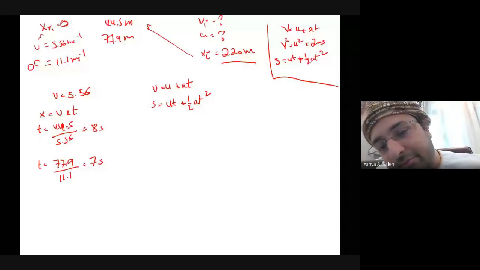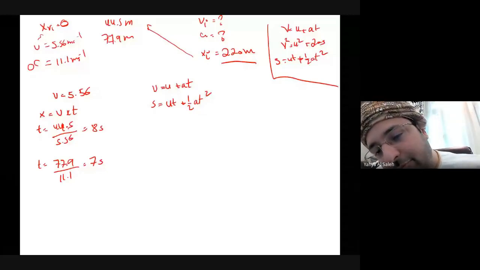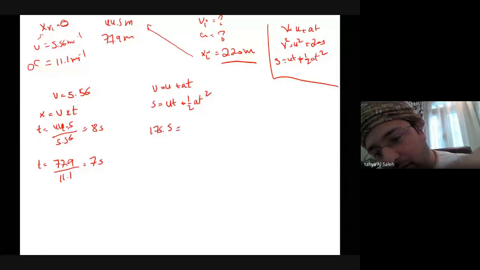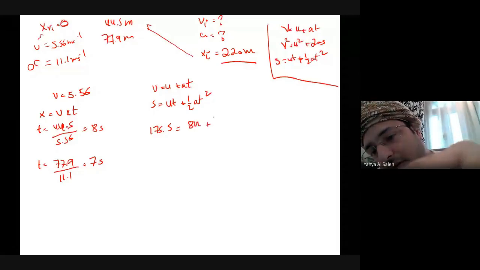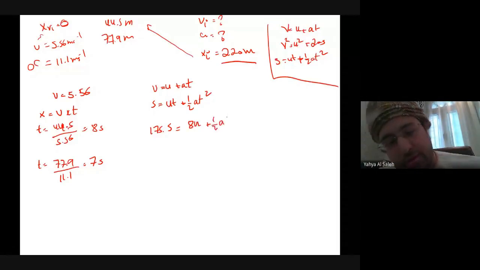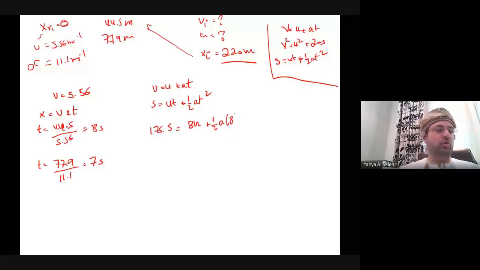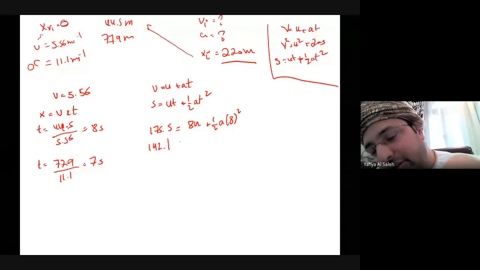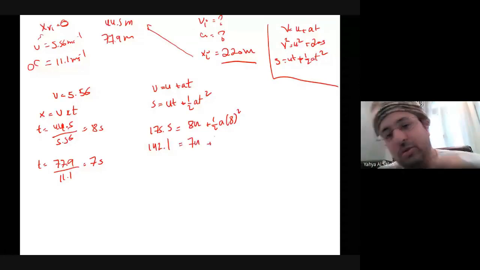So I have 175.5 equals 8u plus half a 8 squared. In the second case, 220 minus 77.9 is 142.1. So I have 142.1 equals 7u plus half a 7 squared.